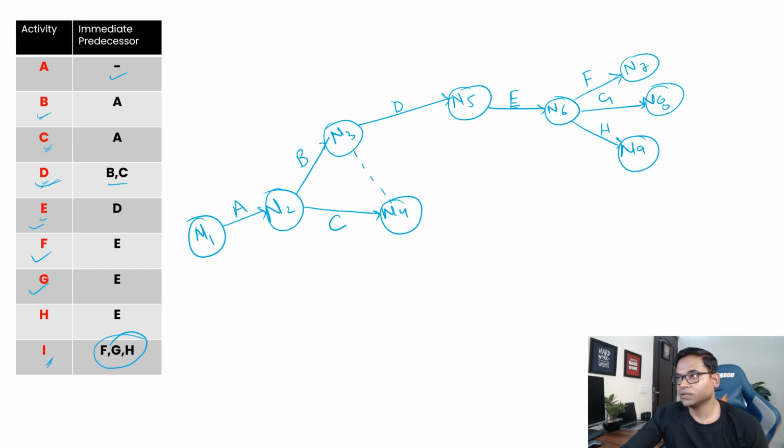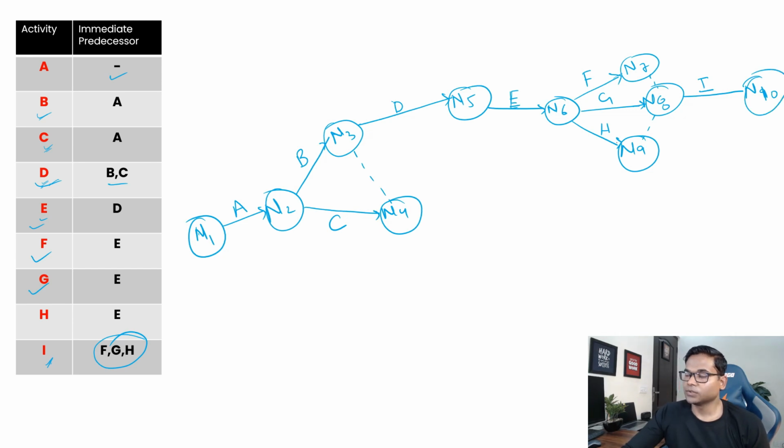So let's converge them at a common node through this dummy activity and this dummy activity. We will utilize two dummy activities and then converge at node 8. So now at node 8, F, G and H are converging. From there we can draw activity I, and we can end this with, let's say, node 10.